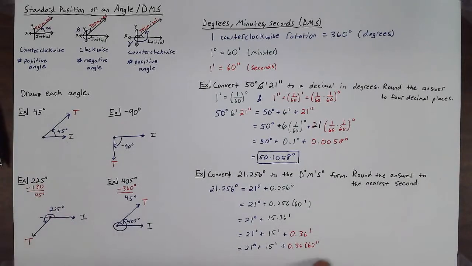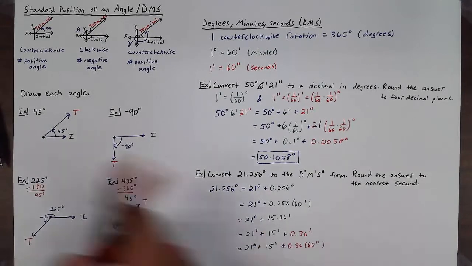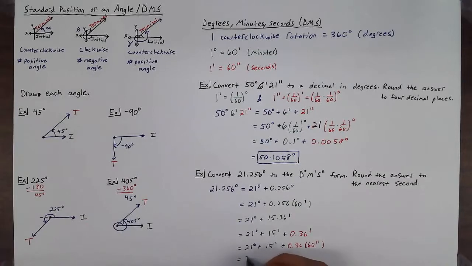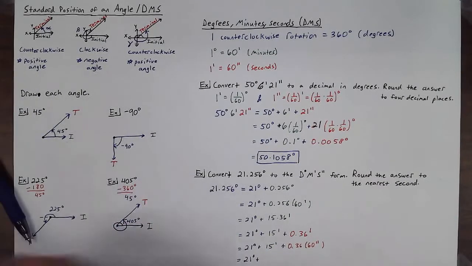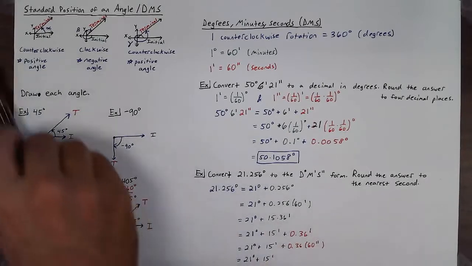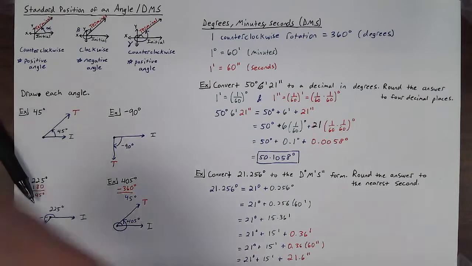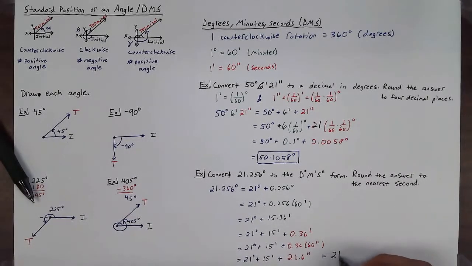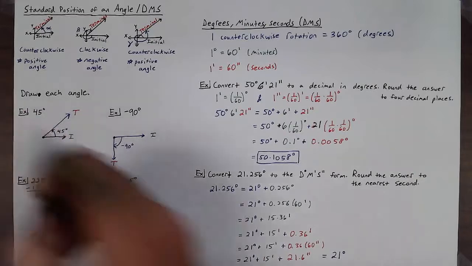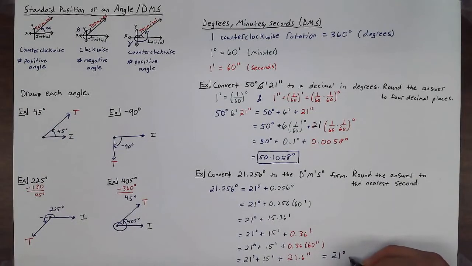That, when multiplied, will leave me with 21 degrees plus 15 minutes plus 21.6 seconds, which when rounded to the nearest second is 22. So my final answer is 21 degrees, 15 minutes, and 22 seconds.